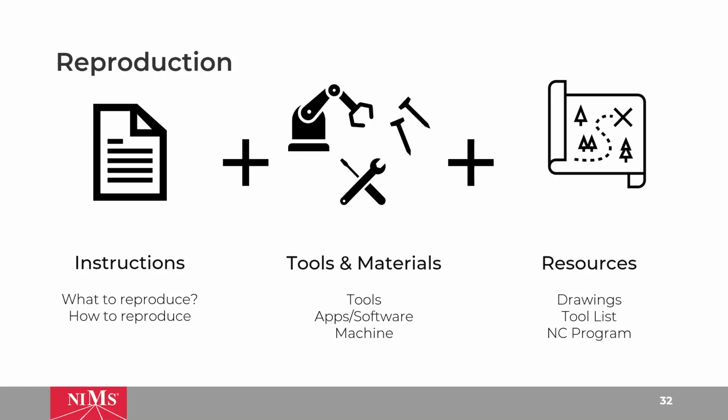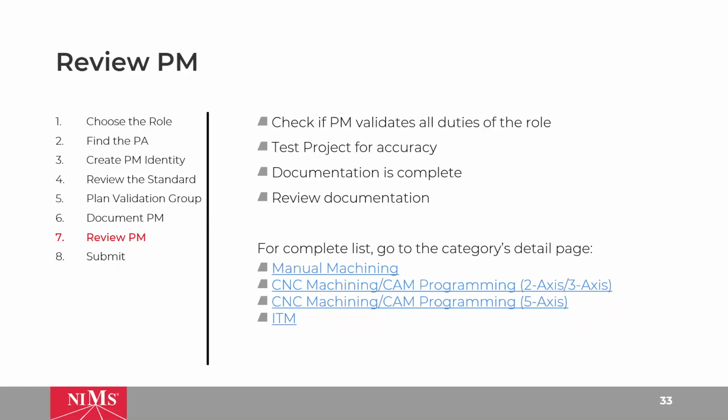After you've done the documentation, you just need to review your PM, see if your PM validates all the duties of the role. Make sure that you try to test the project for accuracy, check your drawings, check your step files, and see if it makes sense.